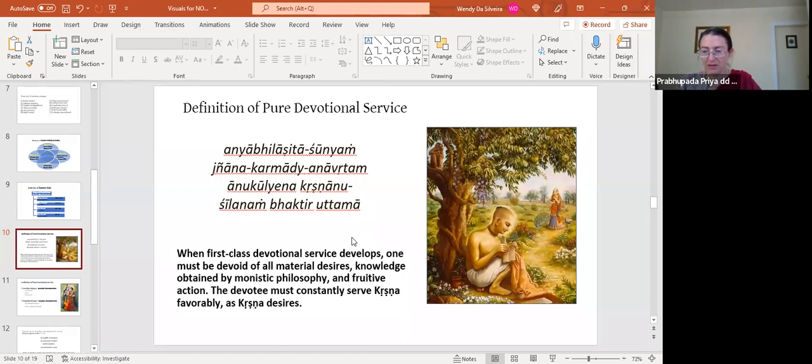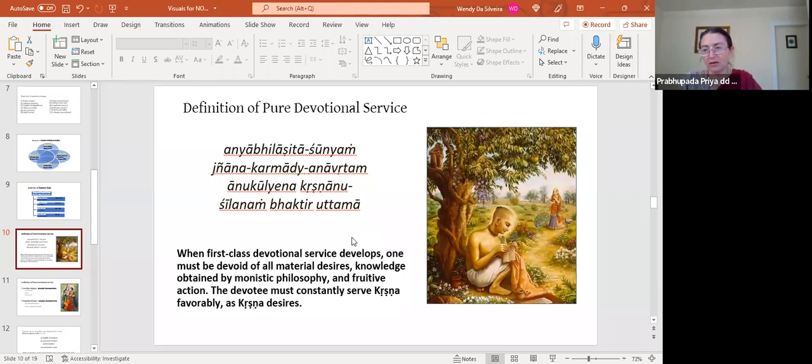Right? Like we were talking about, that gyan, in really knowledge about Krishna, is necessary for bhakti. And activity in relation to Krishna is necessary for bhakti. That's anushilanam. And then renunciation, yukta vairagya, renouncing the enjoying spirit and using everything in Krishna's service, is necessary for bhakti.